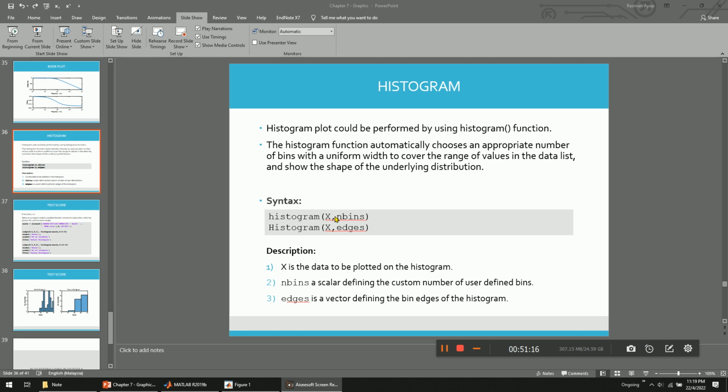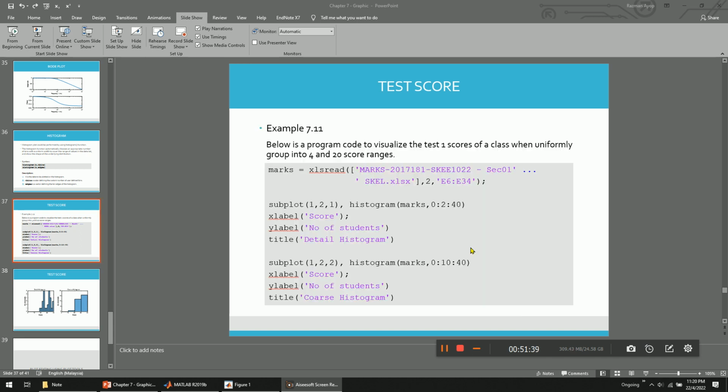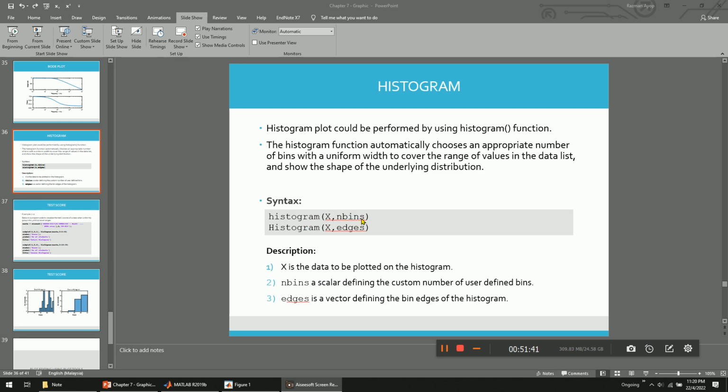So you can use two codings, either Histogram or histogram, capital letter or small letter. If you use the small letter, for example here, if you want to divide it into 4 categories, you just write nbins as 4.